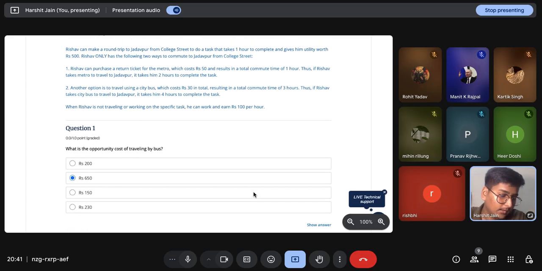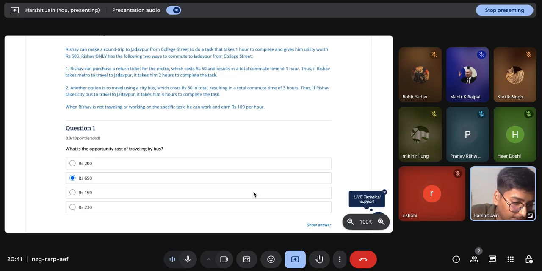When Rishabh is not traveling, he can earn 100 rupees per hour by doing work on a specific task. When he goes to the college for the work from his home, the 1 hour of the specific task is fixed whether he goes by metro or bus, so we can't do anything with that.